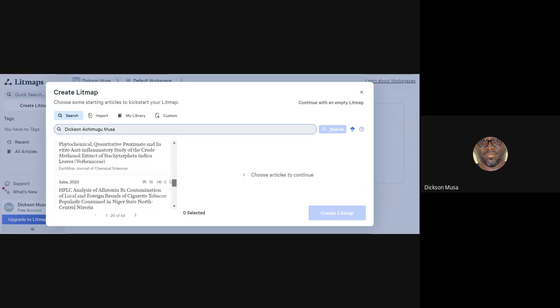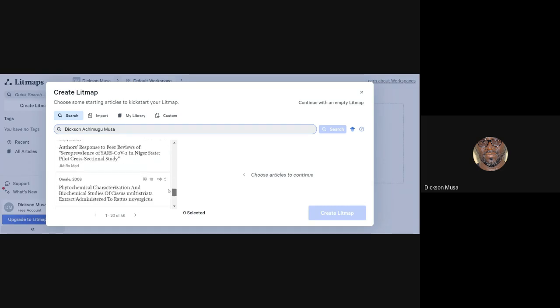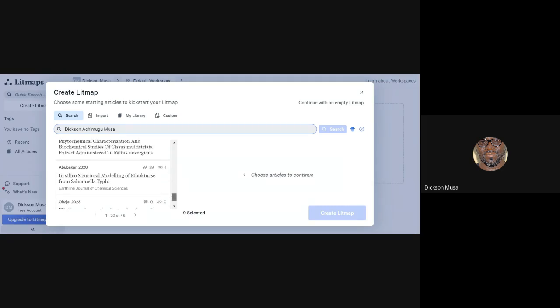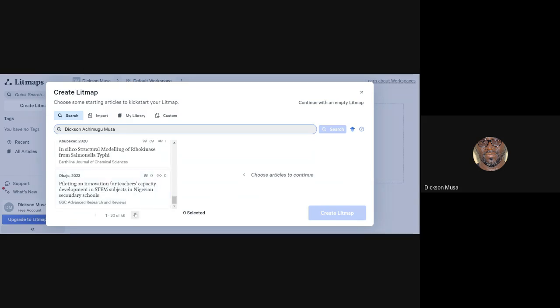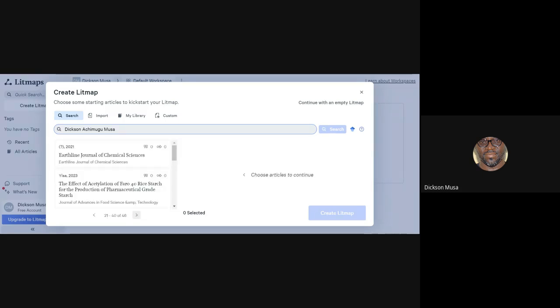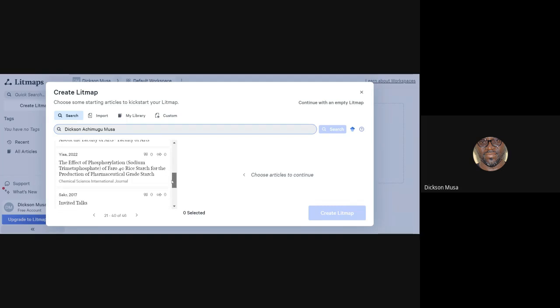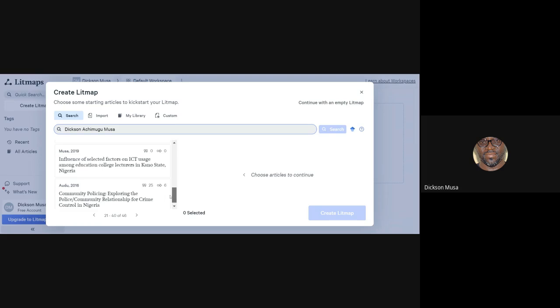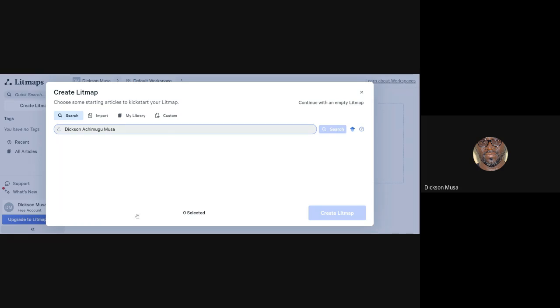Let's see. The reason for this is this. Let me explain. If you want to write on a particular topic and you know one author that is an authority in that area, you can go look up the person's work, type the person's name in your lit map like this, and look for publications that person has had in that area.